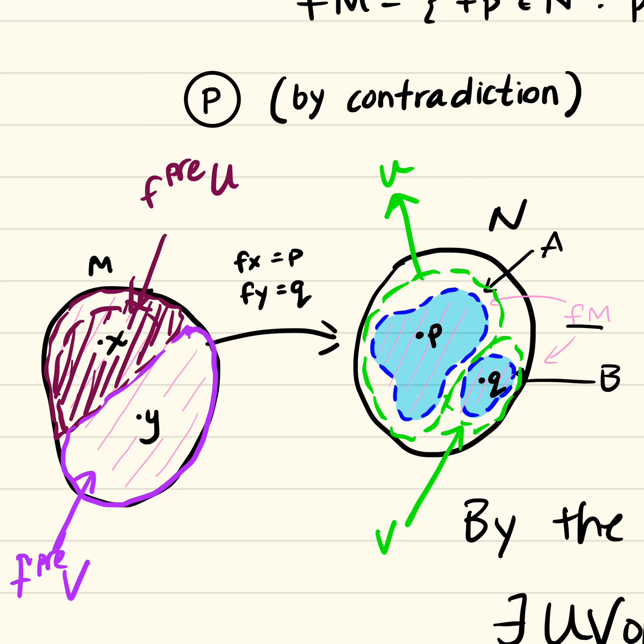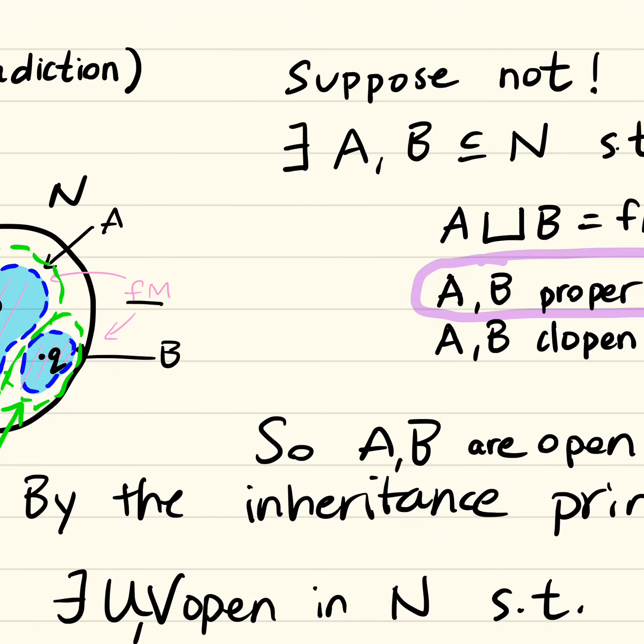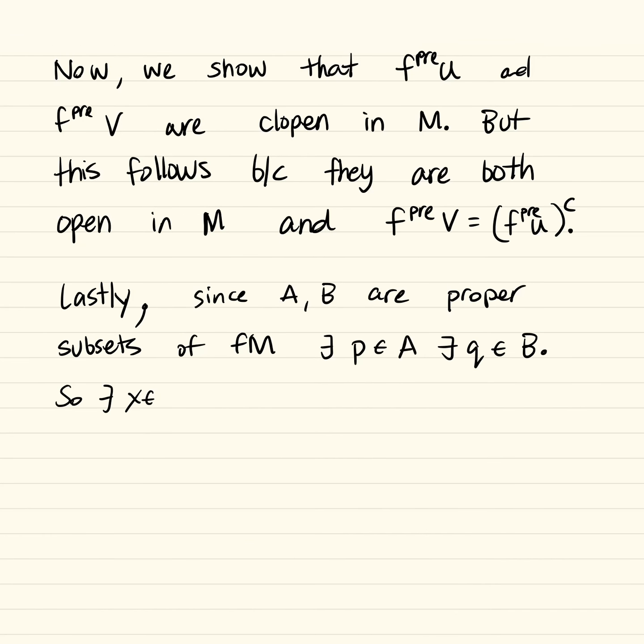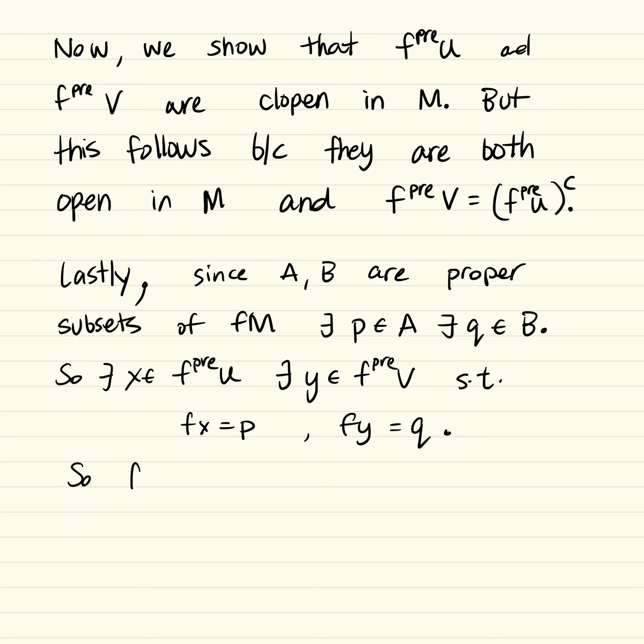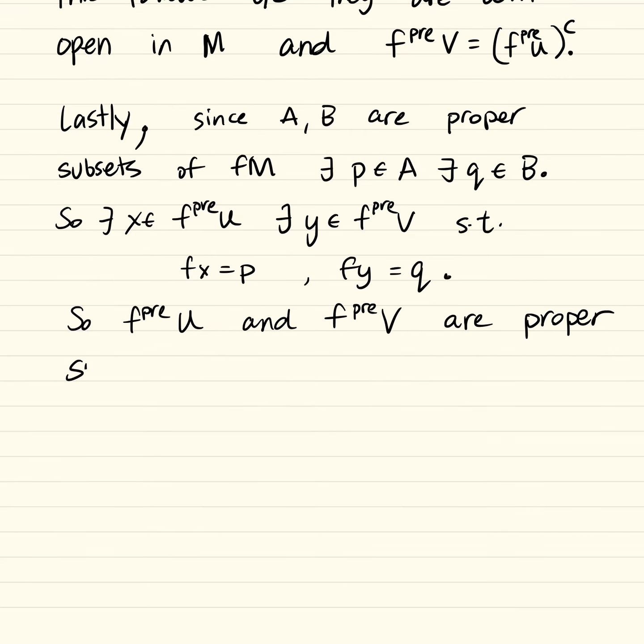And that point is in the preimage of U, since P is in U. Similarly for Q. So there exists x in F pre U, there exists y in F pre V, such that F of x is equal to P, F of y equals Q. So F pre U and F pre V are proper subsets of M. So we have a disconnection.